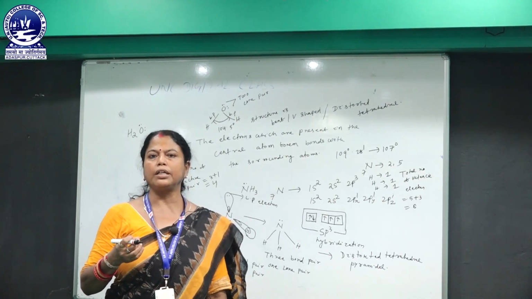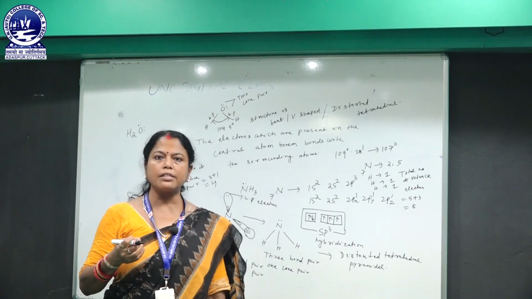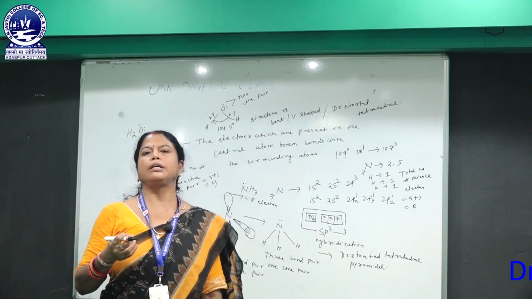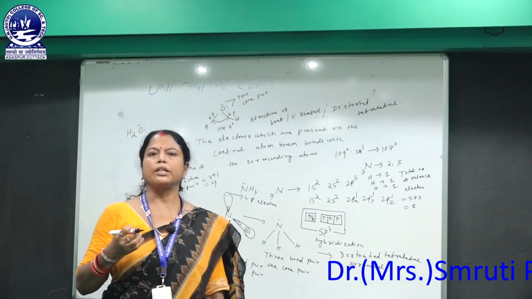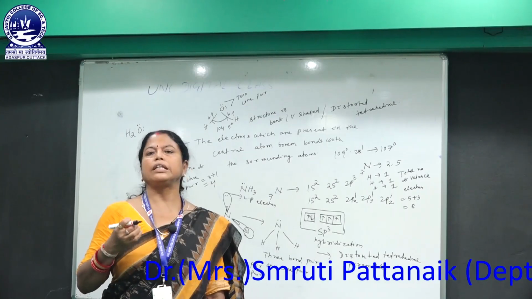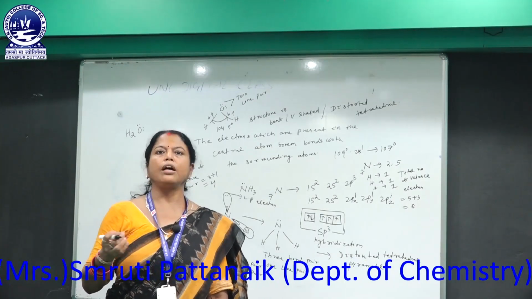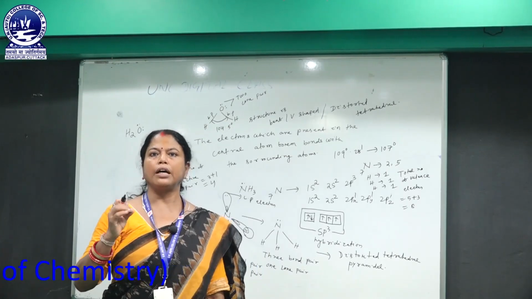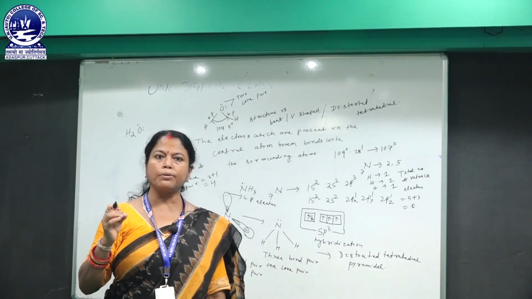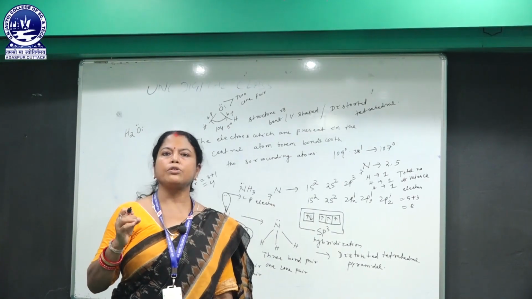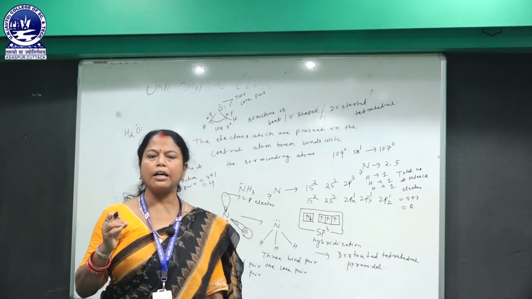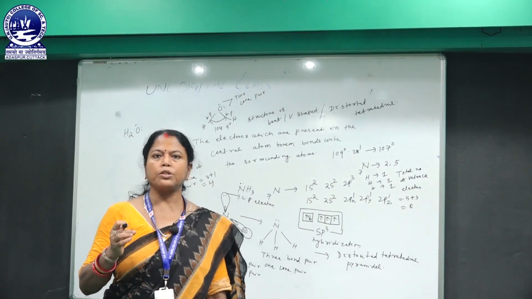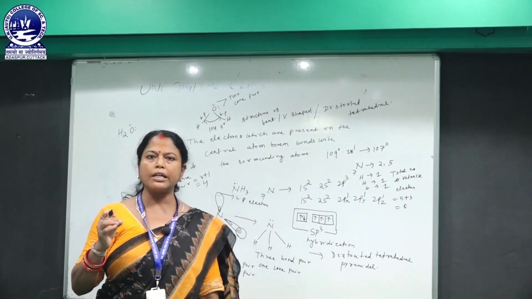Non-equivalent hybrid orbitals. So valence shell electron pair repulsion theory is totally based upon irregular geometry, by taking into account the 2 pairs of electrons, that is lone pair electrons as well as bond pair electrons. So the main postulates are as follows. What is that?